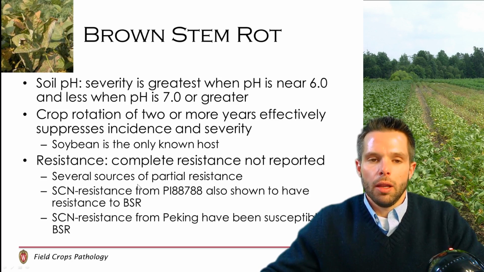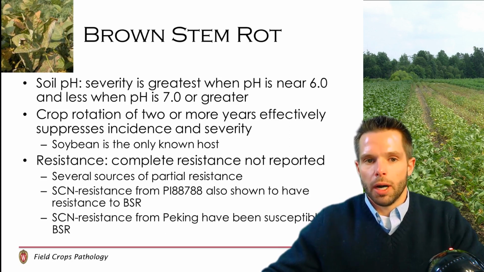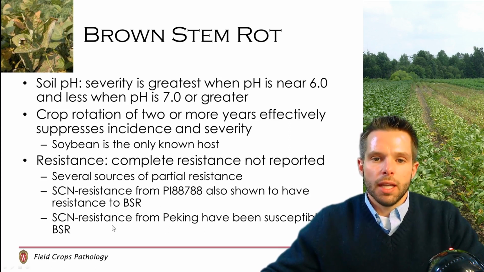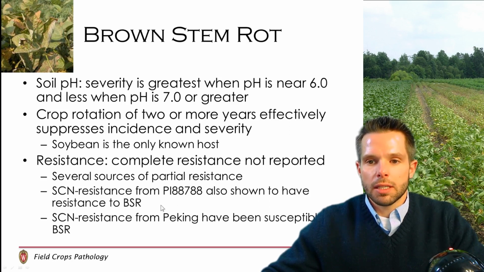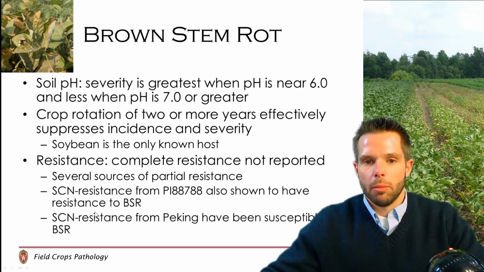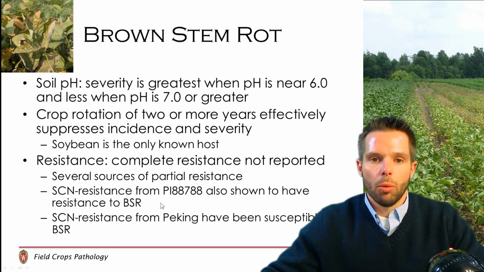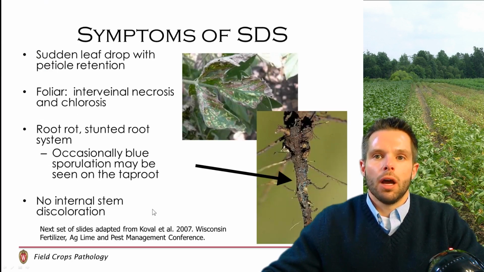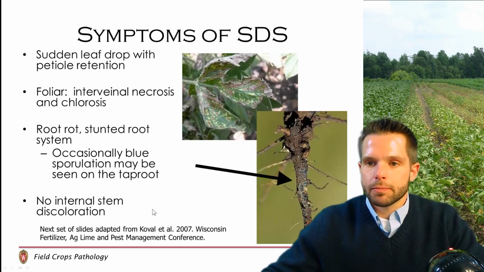And so when using those SCN types of resistance, that can be important for brown stem rot. Now, I should mention that if you're using the Peking form of SCN resistance, that group has been reported to be more susceptible to brown stem rot. So you have to do a little homework here and look at which types you have in a particular variety.